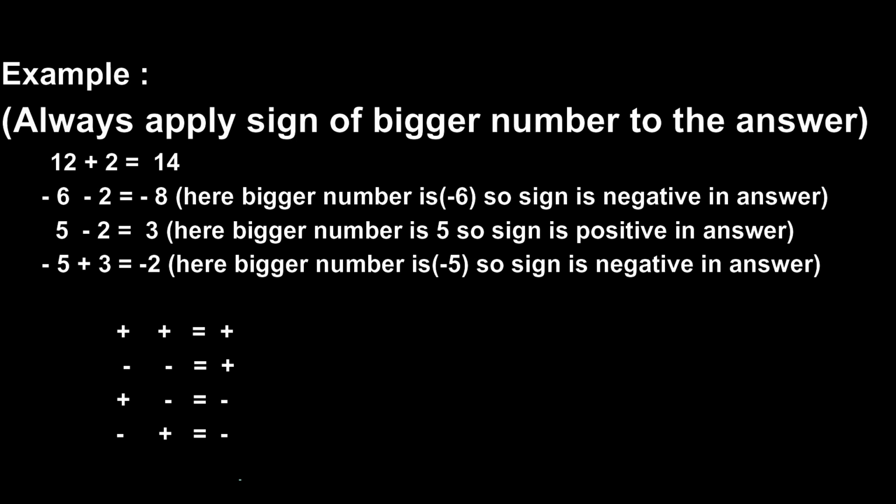Keep this in your mind: two same signs, addition, but the sign of the bigger number, and when there are two different signs, that is plus minus or minus plus, at that time you have to do the subtraction. But always keep the sign of the bigger number. That is the key to solve this kind of problems arising in the exercise.